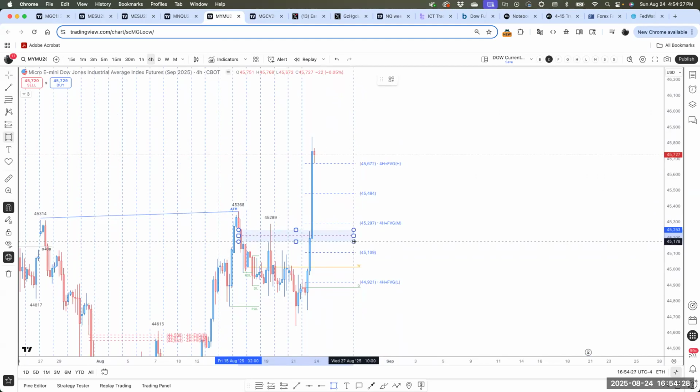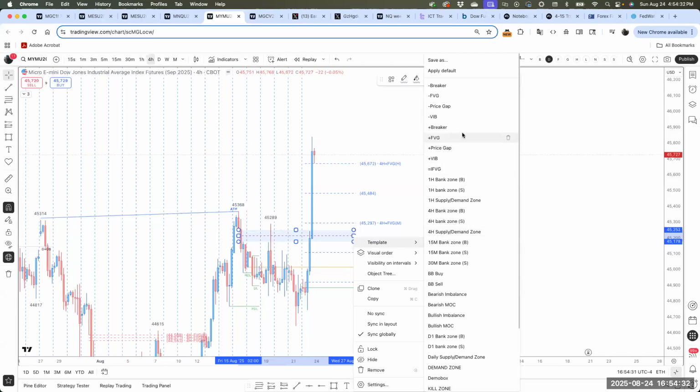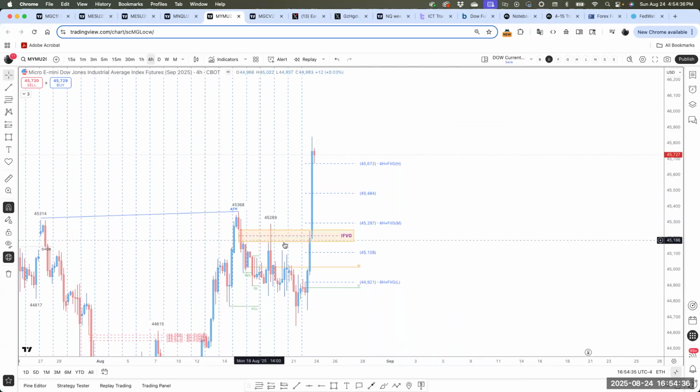So with that inverted fair value gap being right here, I'm going to say that worst case scenario, meaning this is as low as I want to see it go, right?